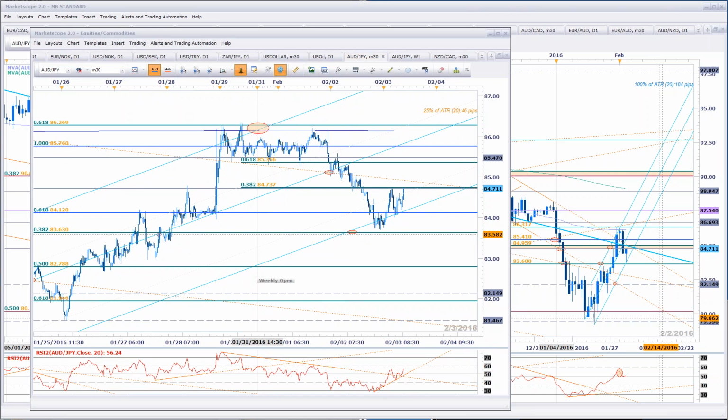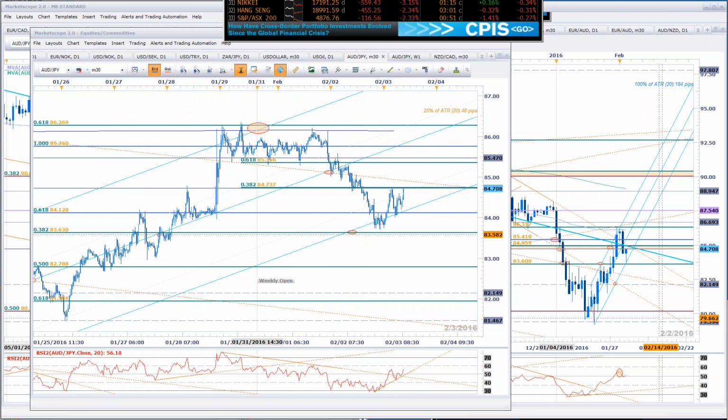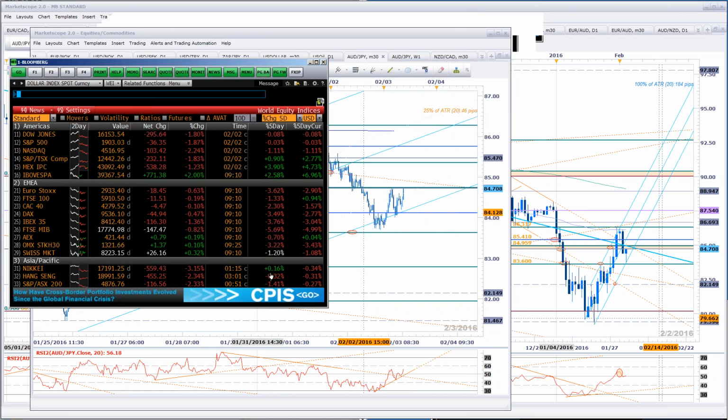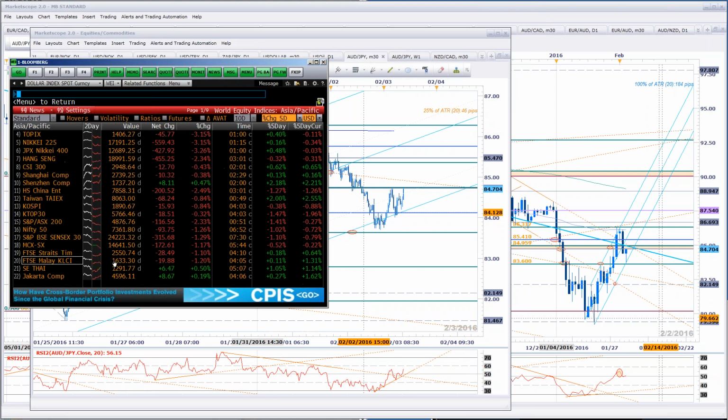One other thing you want to keep in mind is what's been going on in broader equity markets. If you look at the markets today, risk is really still trading at a, I don't want to say at a premium, but here's what it looks like. You had Shanghai, which was much weaker across the board.